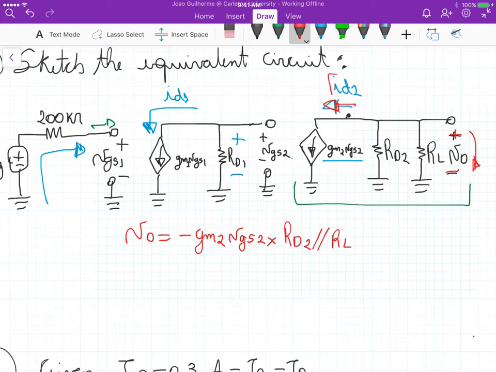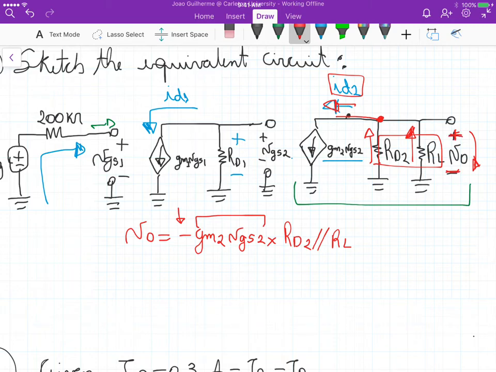Because of this current ID here, part of this current is flowing here, part of this current is flowing there, they add here at this node to form this ID2. So if we take the parallel of those two, we basically represent it as a single resistance, and across that single resistance we have ID2, which is this one here.